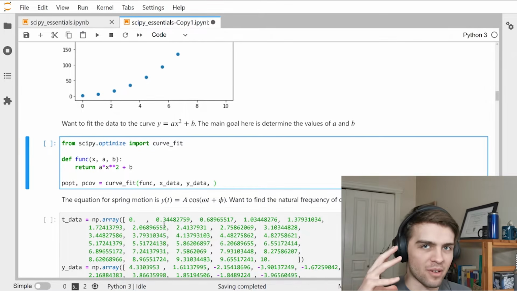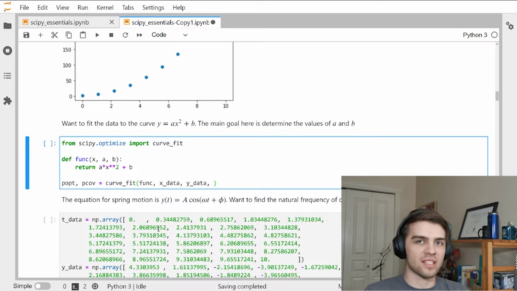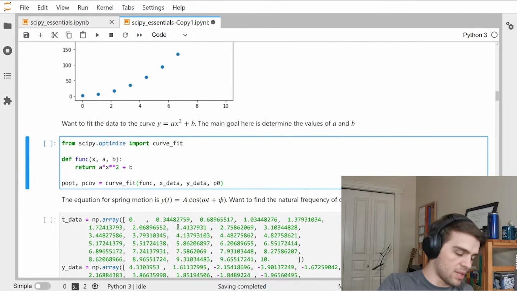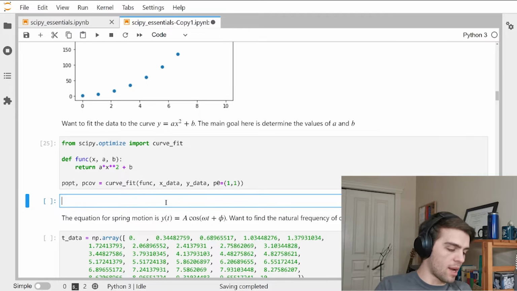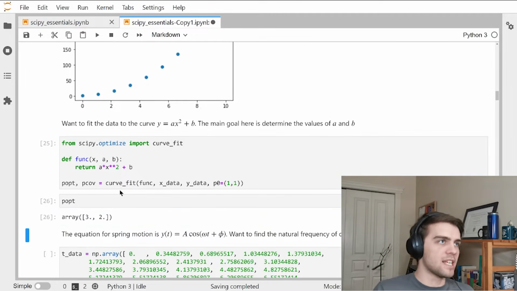Remember, you're seeing a pattern here, right? You always have to give these things initial guesses, because otherwise it doesn't know where to start. So I'll give it the initial guess, p0 is equal to 1, 1. And in order to get my parameters, I just look at popt. And this will give me a and b respectively.